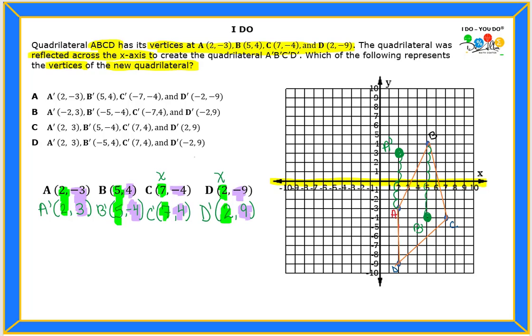So C prime will be (7, 4), which is going to be right here, and that will be C prime. And the last one will be (2, 9), which is way up here, and this will be my D prime, right?